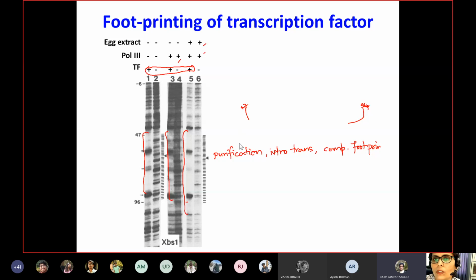Here you are getting protection only when you have the transcription factor, isn't it? Yes, ma'am.